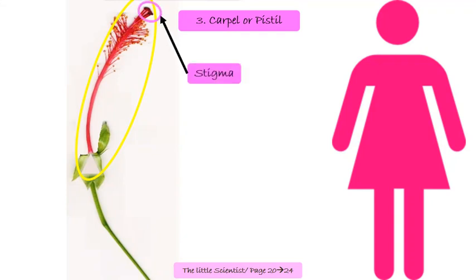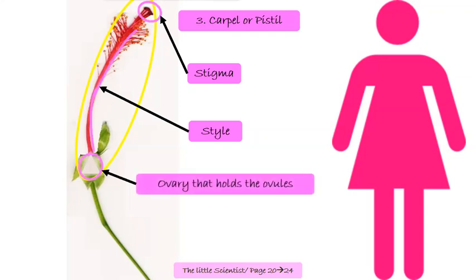Stigma, style, which is the line holding the stigma, and ovary. So repeat them with me. The name of the female part found in the middle is carpel or pistil. The pistil is composed of 3 parts: stigma, style, ovary.